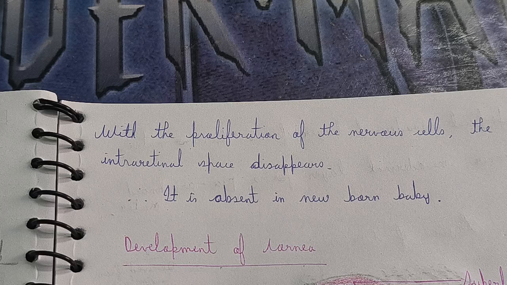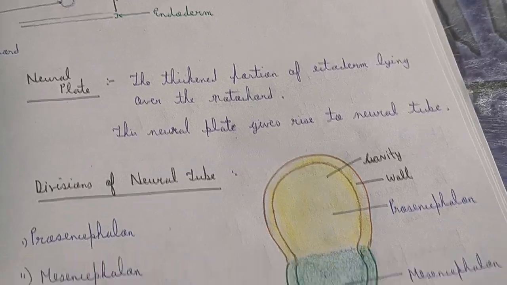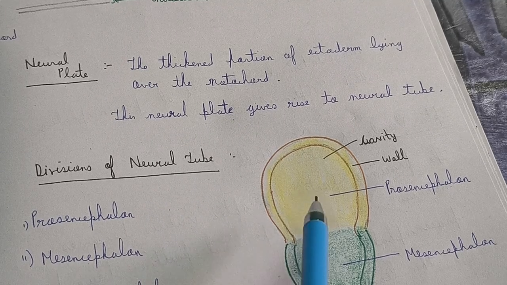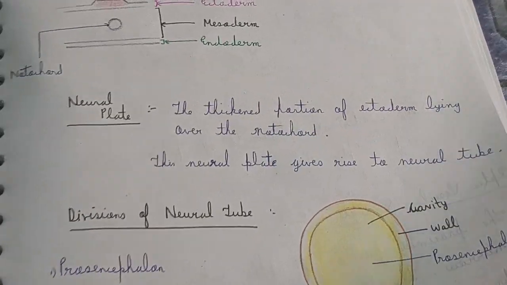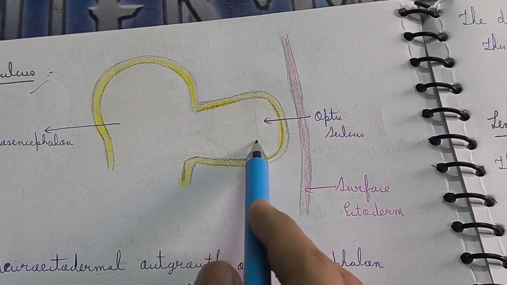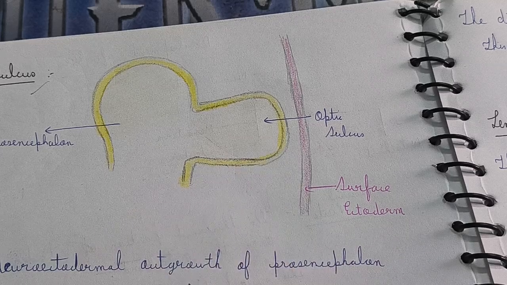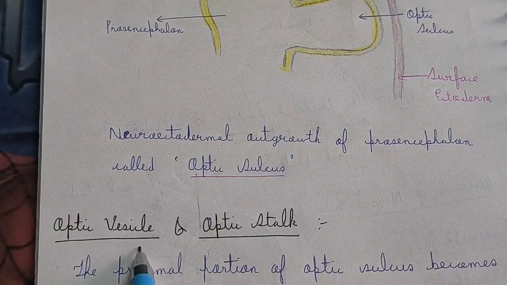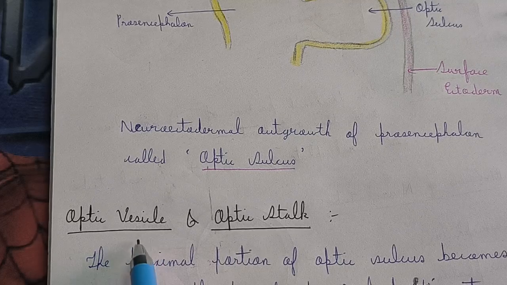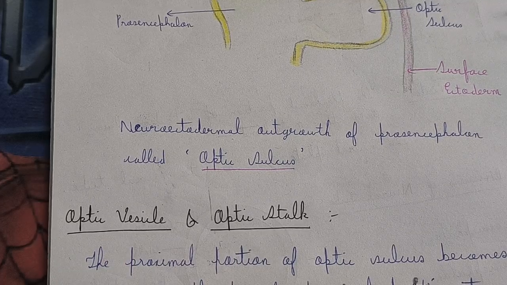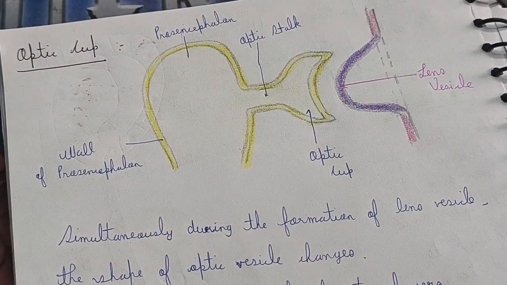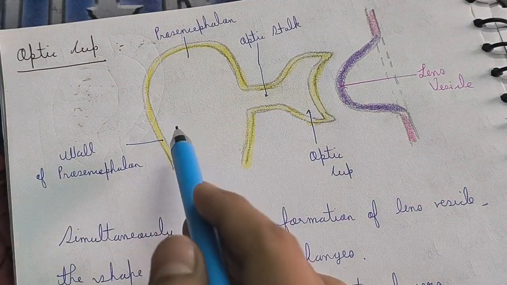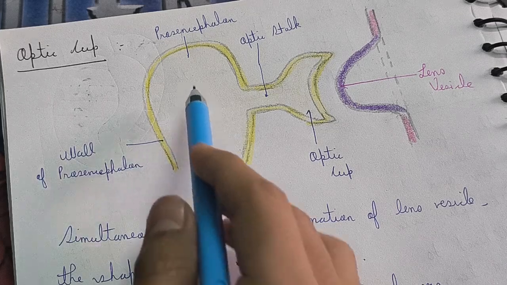And now, what is the cause of the formation of this intraretinal space? I am going to tell you now. First of all, as you already know, the prosencephalon has a cavity as well as a wall. From this prosencephalon the optic sulcus forms, and this optic sulcus later gets converted into the optic vesicle and optic stalk, and later the optic vesicle becomes the optic cup.